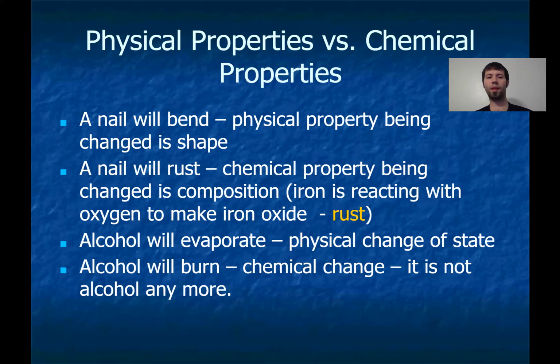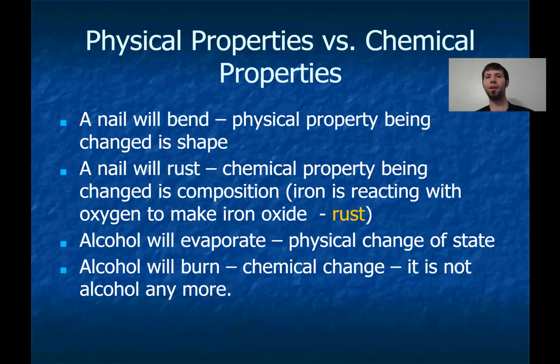A nail will bend. Is that a physical property or a chemical property? Well, that's just a physical property because we're just changing its shape. We're not changing the chemical. Now, if you leave a nail outside for too long, exposed to the elements, it will rust, and that's actually a chemical reaction.